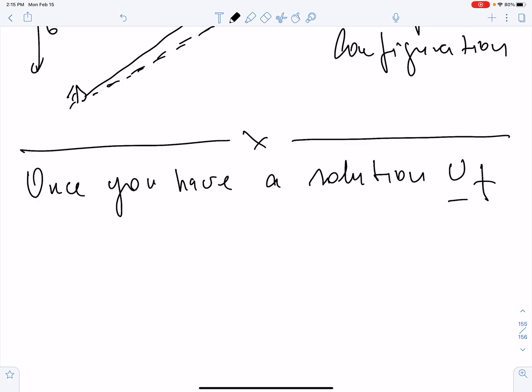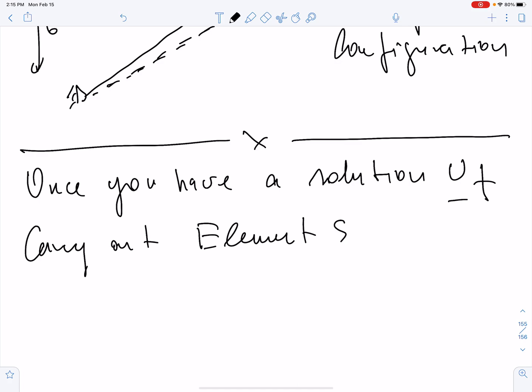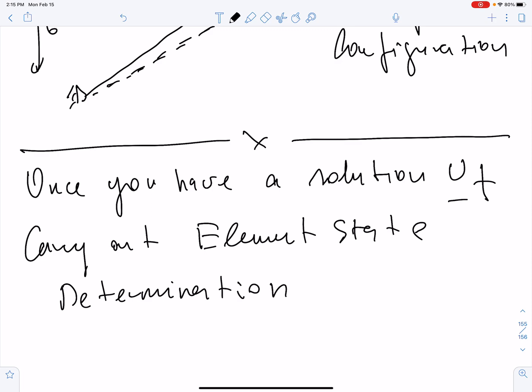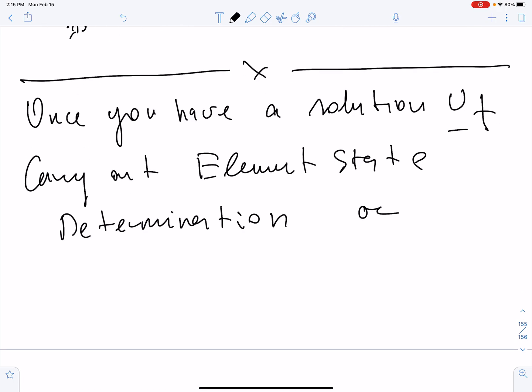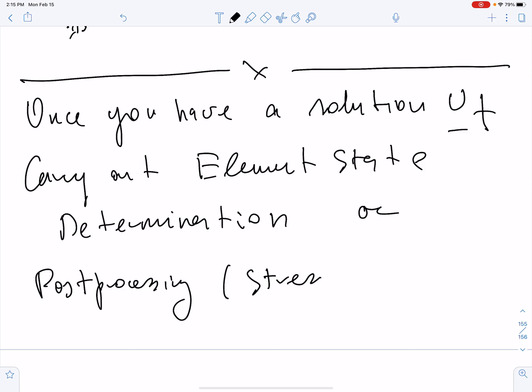So the next stage, once you have the solution, is to carry out what's called element state determination, or post-processing, as the procedure is commonly called in finite elements, sometimes also referred to as stress recovery.